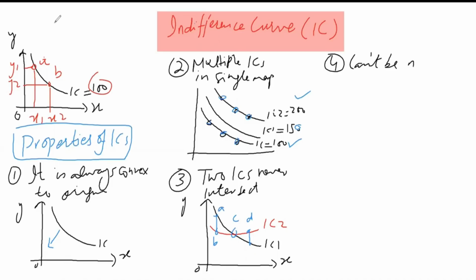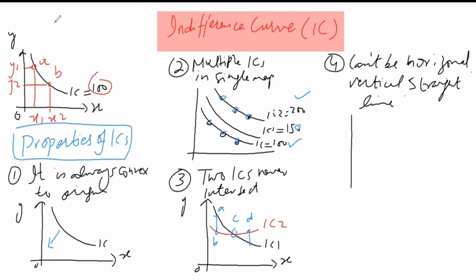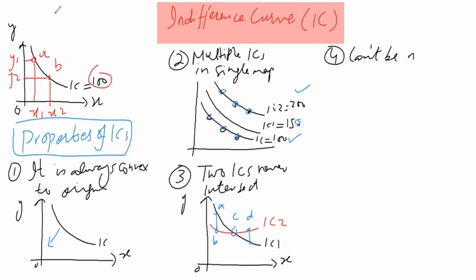The third property of the indifference curve is that two ICs will never intersect each other in a single map. What does this mean? If two IC curves intersect each other, then the second property will become invalid. For example, if IC1 and IC2 intersect each other, then the previous property number 2 will become wrong, because at combination AB, IC1 gives more satisfaction and IC2 gives less satisfaction.